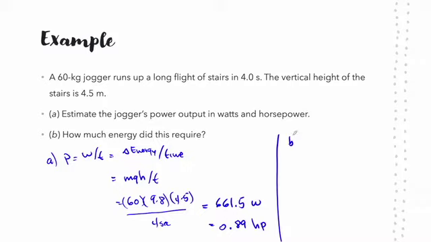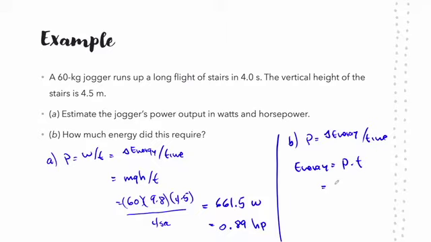Now for question B, how much energy did this require? Well, I know that power is equal to change in energy over time. So energy is going to be equal to power multiplied by time.